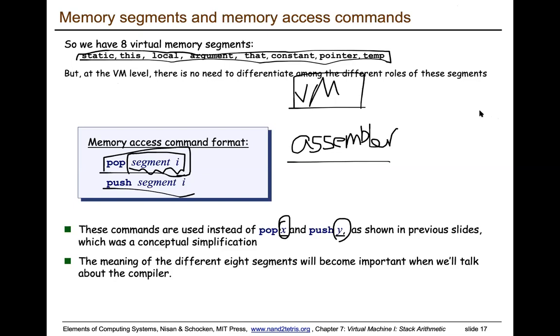It just needs to know it needs some space to store the variable, but the compiler will separate those 8 virtual memory segments and give each segment a different meaning.